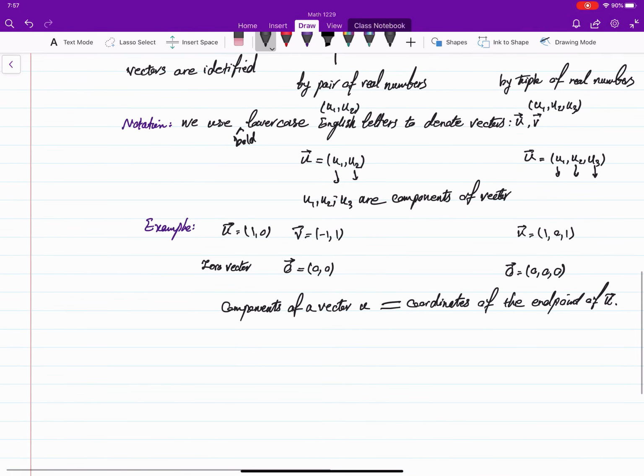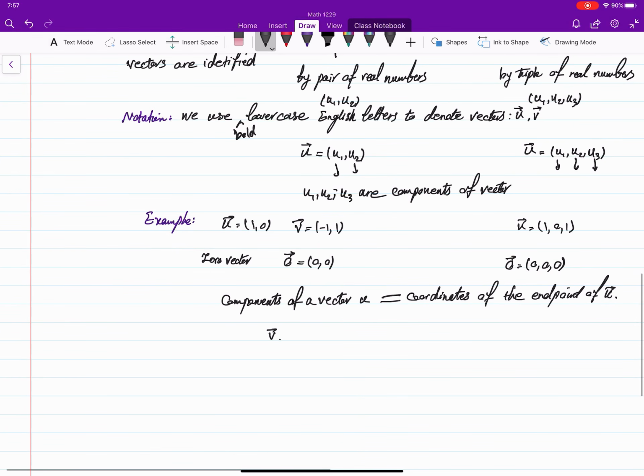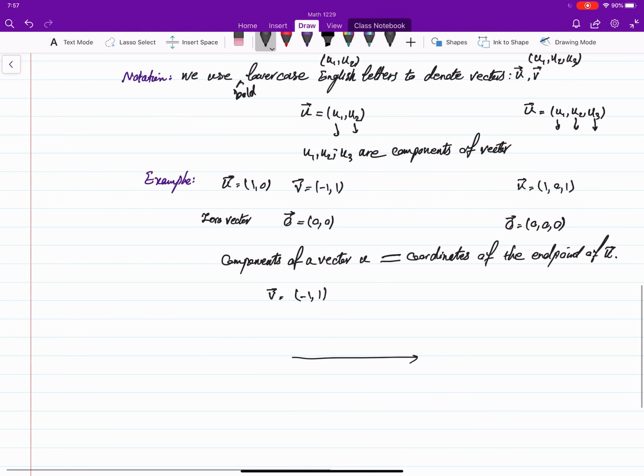When someone says vector negative 1, 1, what it means is that you draw the vector. Vectors always start from the origin, up to the point minus 1, 1. This is minus 1, 1. And the directed line segment from the origin to that point is exactly the vector.